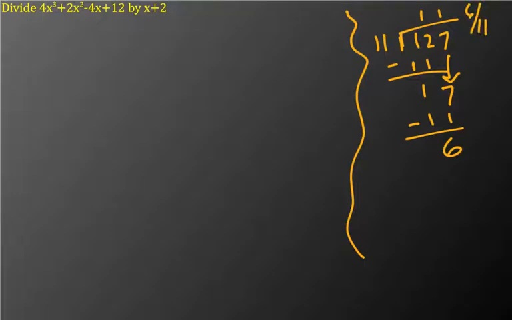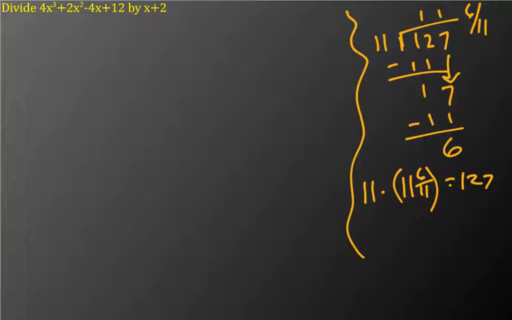So don't write R6, that doesn't help us. You need to know the number that you multiply 11 by to get 127, and it's 11 and 6/11ths. So if you do 11 times whatever that mixed number is, which I also hate mixed numbers, but 11 and 6/11ths, that should equal 127.